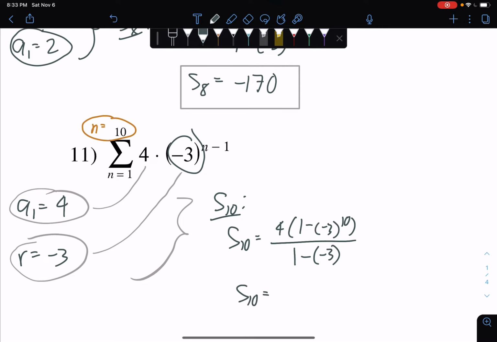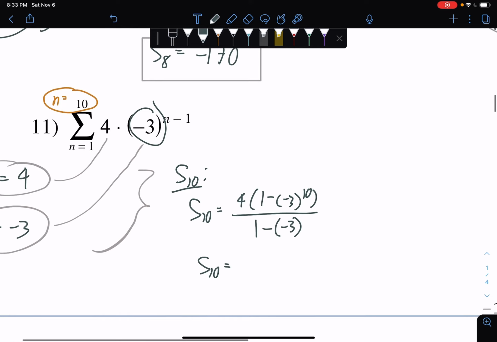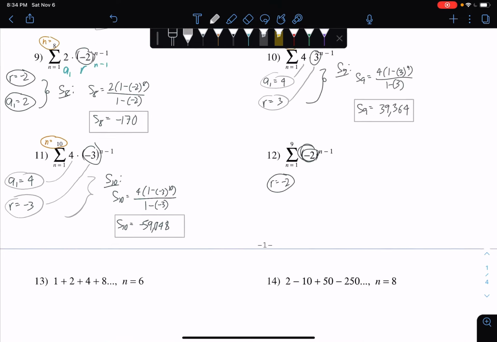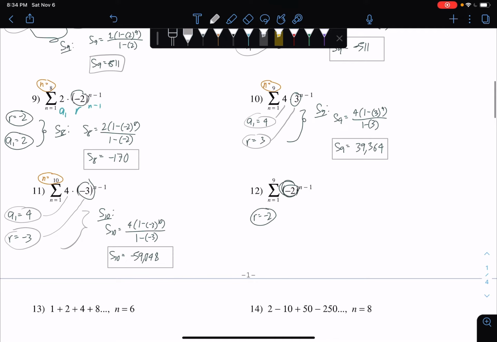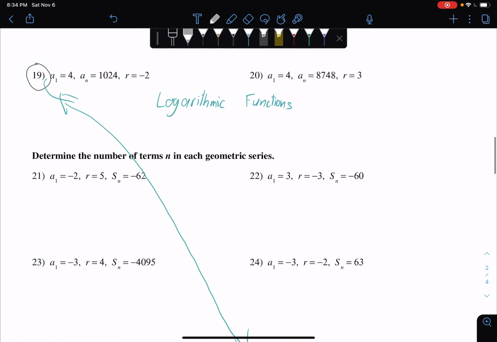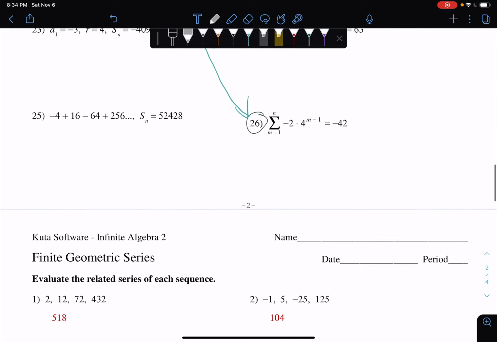So place this in the calculator, and our answer will be negative 59,048. Very random, but this is actually correct. Trust me, every answer here is already checked before I even started this video. Everything is according to the answer key that's inscribed below this. So you can just check it here.